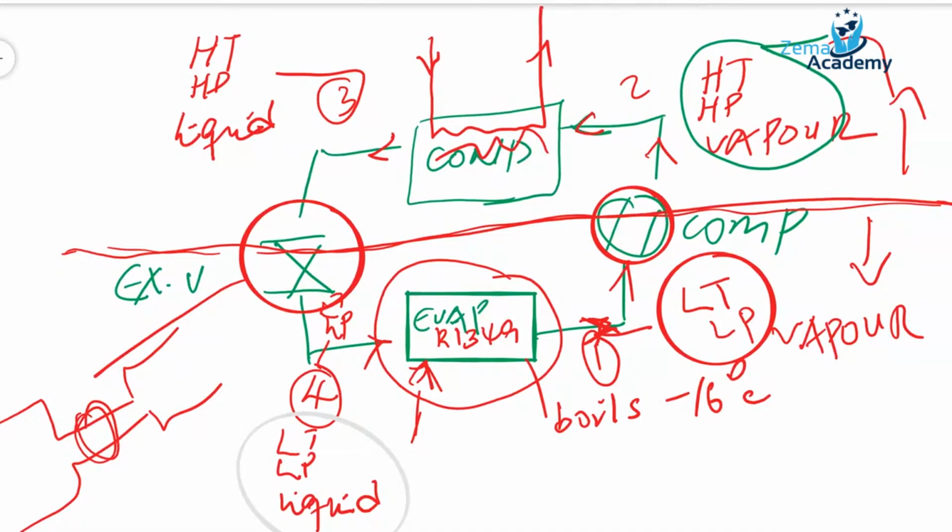And we will look at how evaporating and condensing pressures also affect the performance of any system. By monitoring and controlling the pressure of systems, you can play around with the performance of the system. So that's generally how a vapor compression system operates.